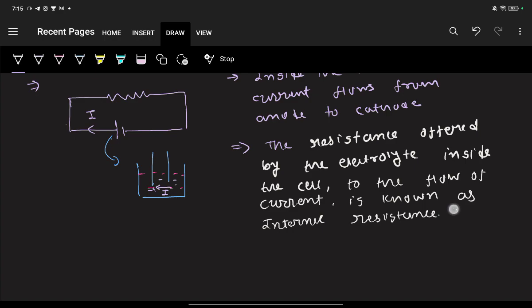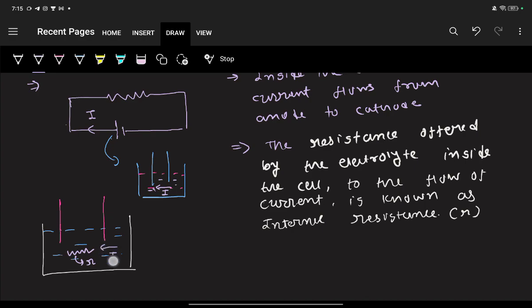We represent this internal resistance with small r. Remember this is the resistance of the electrolyte solution, the resistance offered by the electrolytic solution. Current flows in this direction, let's say.